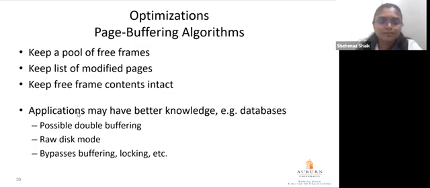We refer to that as being in raw disk mode, where the applications themselves are allowed to manage a part of the memory by themselves.